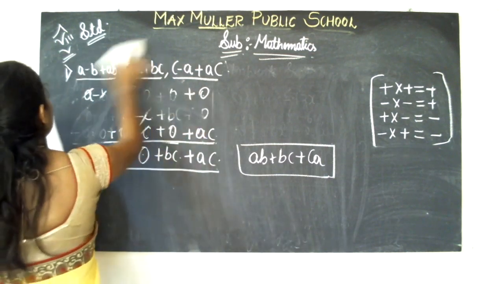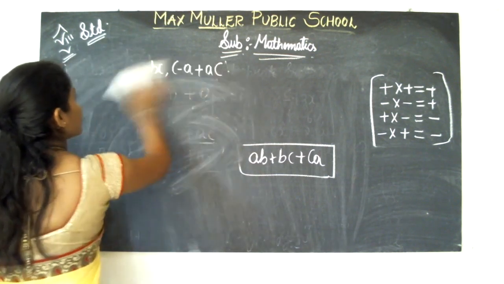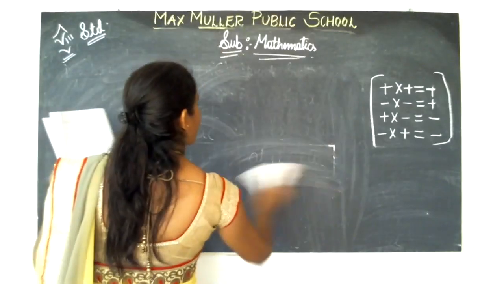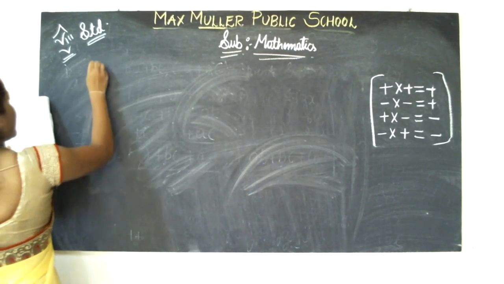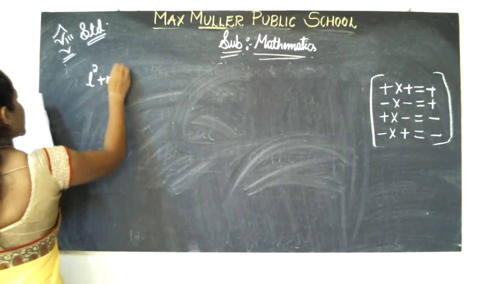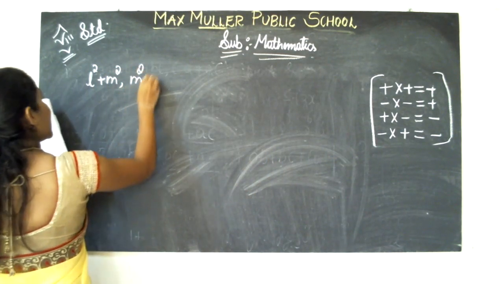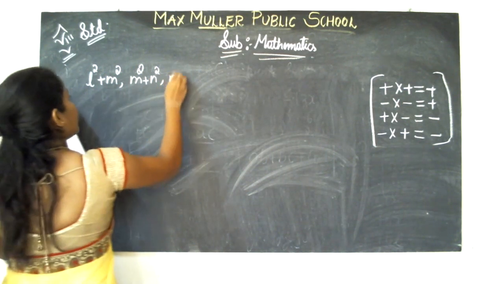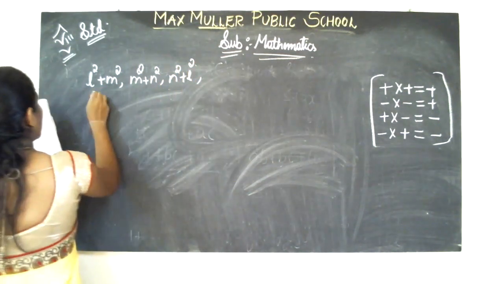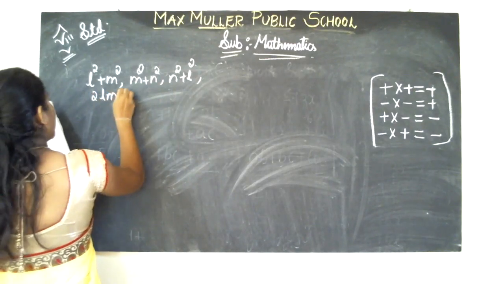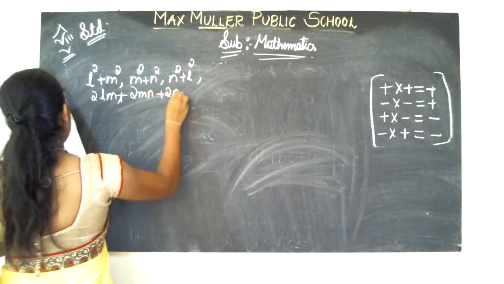Okay, next problem. L square plus M square, M square plus N square, N square plus L square, 2LM plus 2MN plus 2NL.